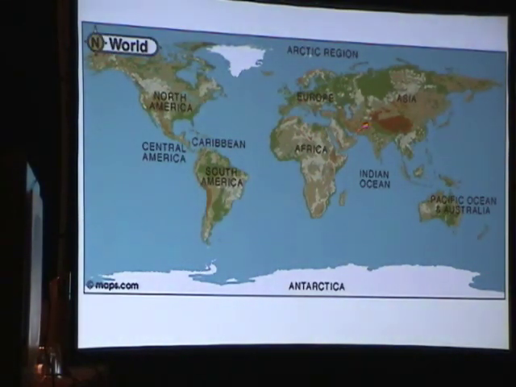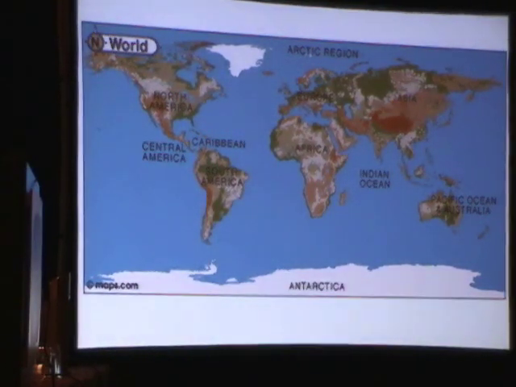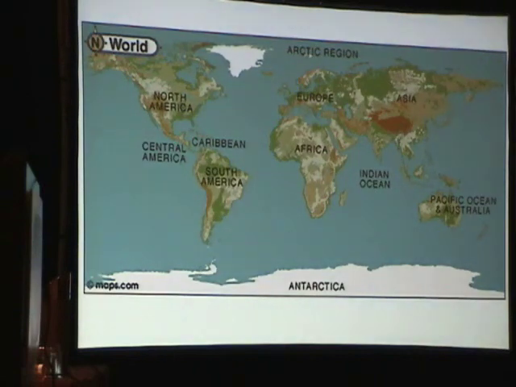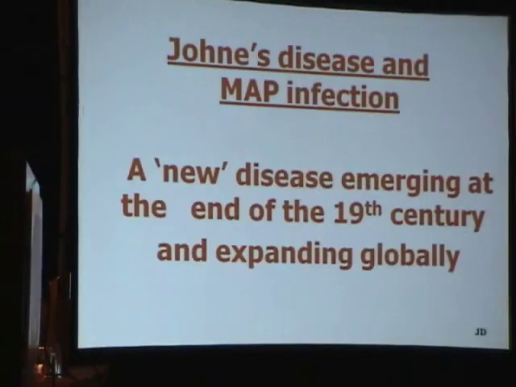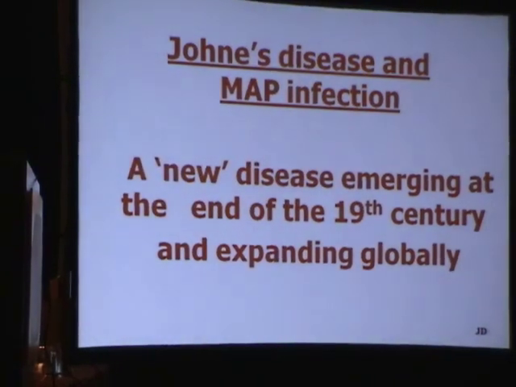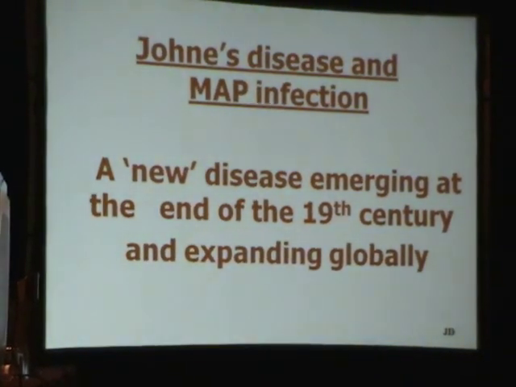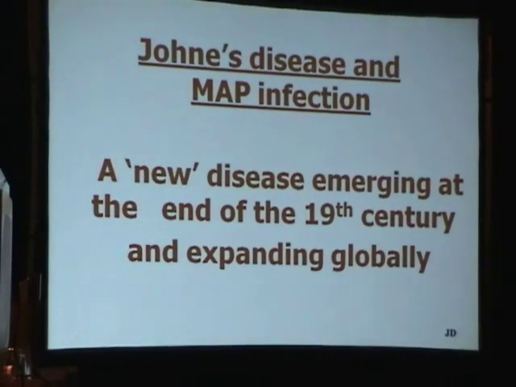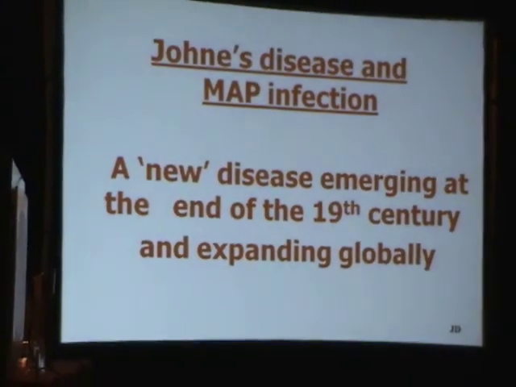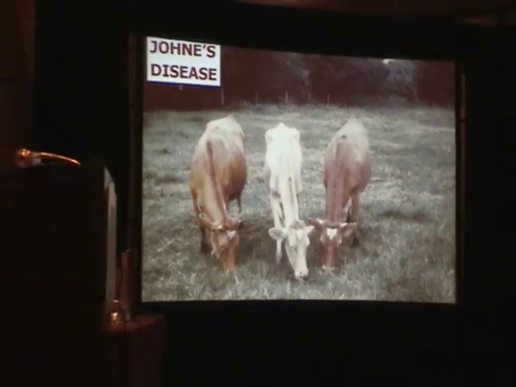It's occurred in Egypt, in Iran, in India, particularly in goats, in Korea, in Japan, and in China, which has been importing huge numbers of animals from Canada. Johne's disease and MAP infection, therefore, is a new disease, recognized first at the junction of the 19th and 20th centuries, and is now expanding globally.